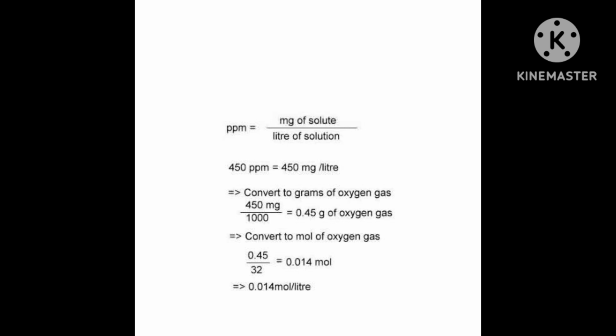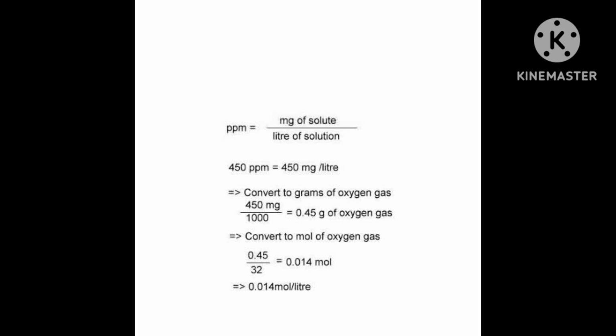Example I am telling you: a liter of seawater. It's actually 1 liter of seawater I am talking about. Its mass is 1030 gram. The volume is 1 liter, but the mass is more, 1030 gram.